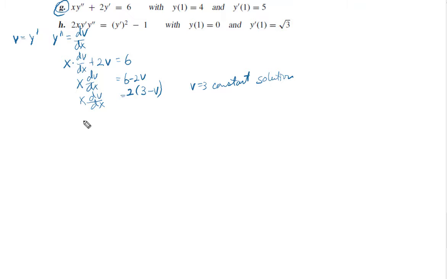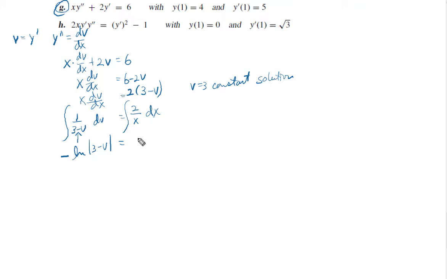So if we divide both sides by 3 minus v, we'd have 1 over 3 minus v dv. Divide both sides by x, we get 2 over x dx. And if we integrate, on the left-hand side, because of the minus here, we get a negative ln of 3 minus v.